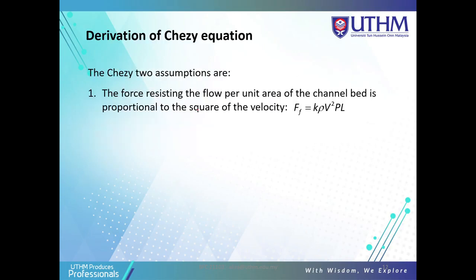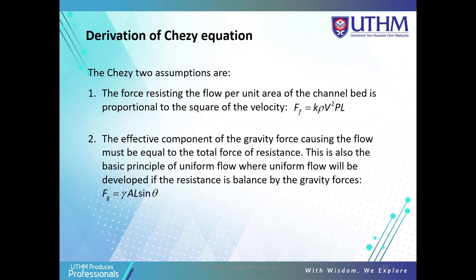Now we look at the derivation of Chezy's equation. There are two assumptions used to get the Chezy equation. We use the force resisting the flow, which per unit area of the channel bed is proportional to the square of the velocity. You have no need to remember this derivation; you must just remember the Chezy and Manning equations from the previous slide.